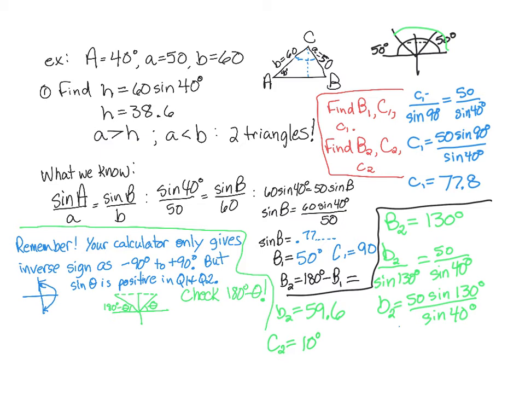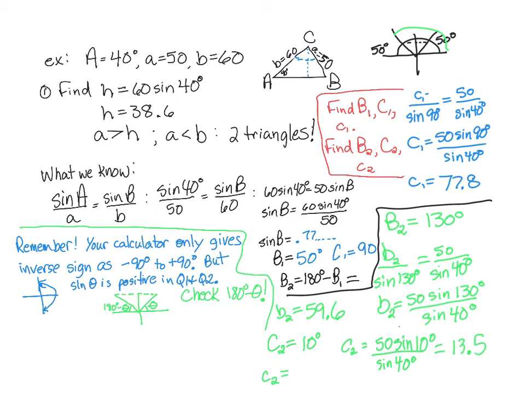So we have side C2 is to the sine of 10 as 50 is to the sine of 40. Multiply both sides by sine 10. And I'm going to get that side C2 equals 50 times the sine of 10 divided by the sine of 40, and I get 13.5.